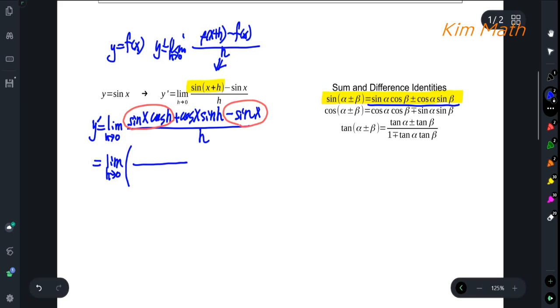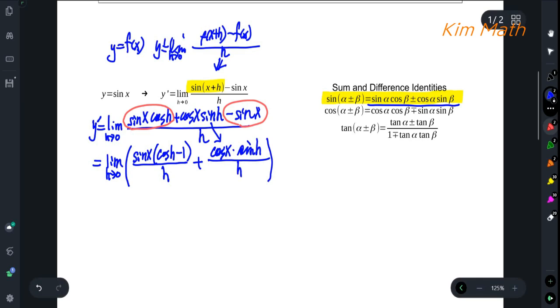But first, you can factor out sine of x. Is it possible? Then you have cosine h minus 1 over h. Now, the second one, simply copy this one, right? Cosine of x times sine h over h.